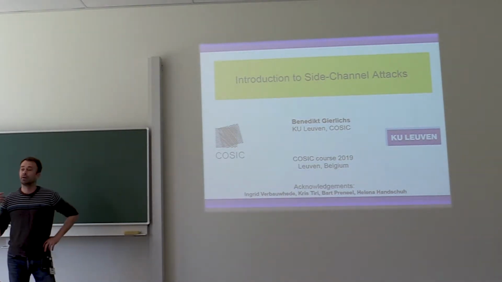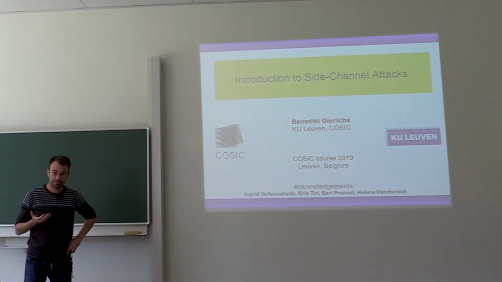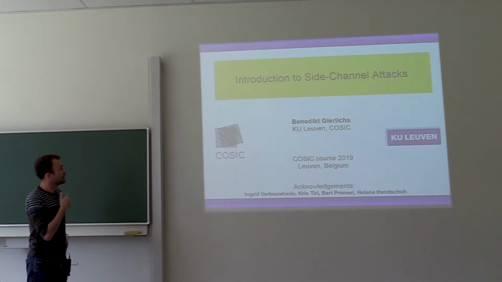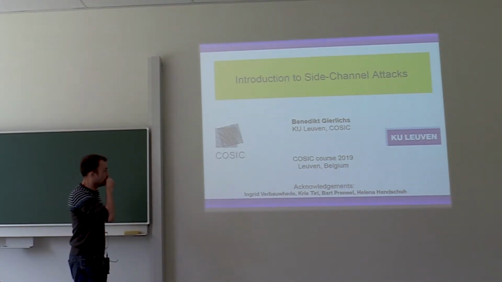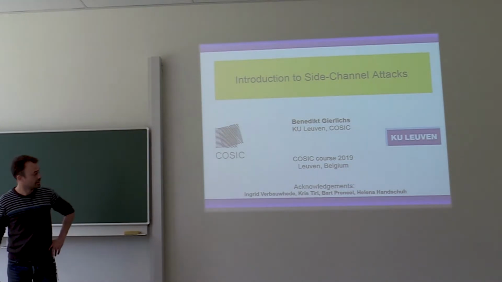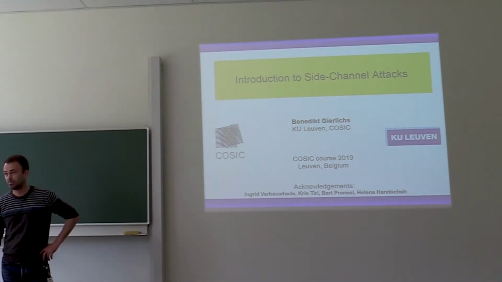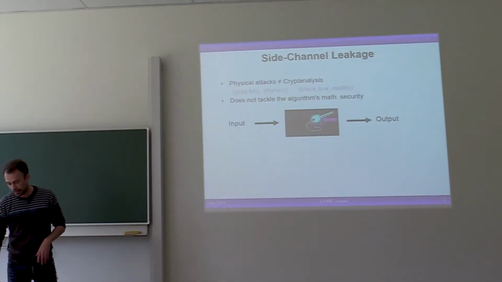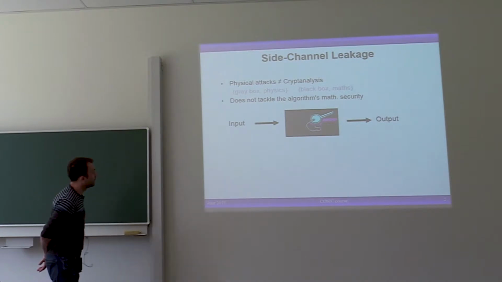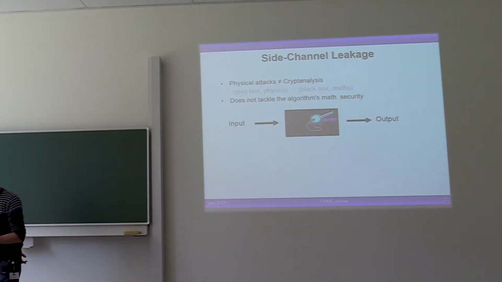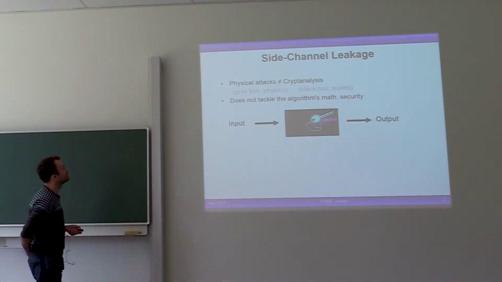Side channel attacks are passive attacks, so the device is only used in the normal way, in the intended way, and for the most part they are non-invasive attacks, meaning that we're just measuring some property of the device without interfering with it too much. Okay. So what's the key different thing to cryptanalysis that you have been hearing about so far?